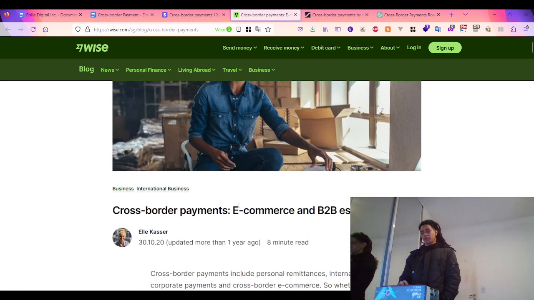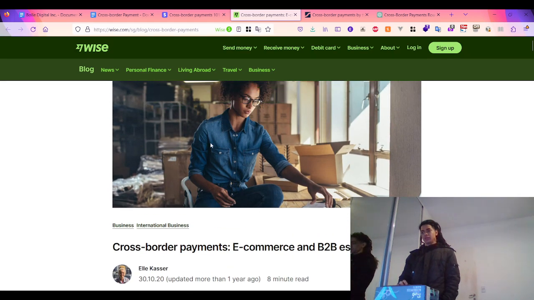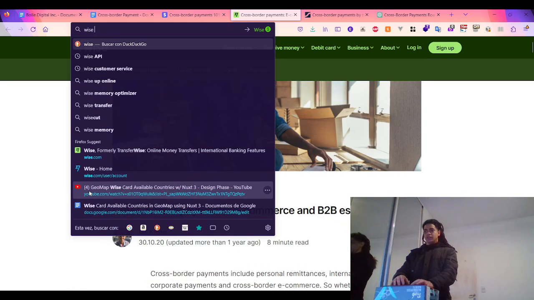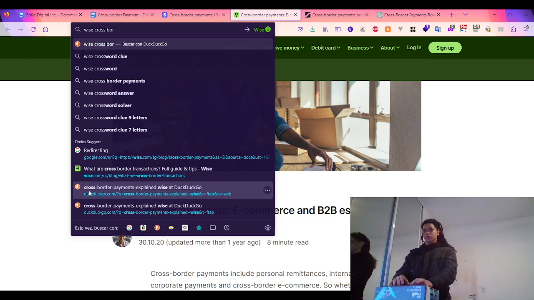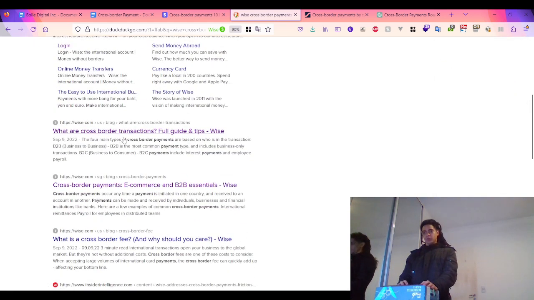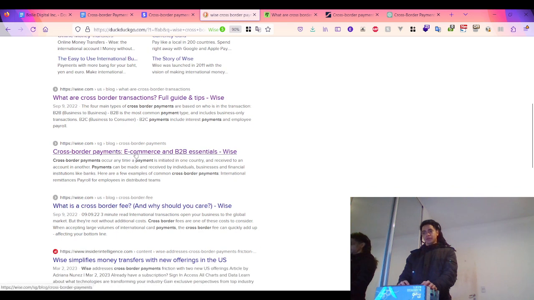So cross-border payments, e-commerce, and business-to-business essentials. So because I look at the WISE cross-border payment. What are cross-border payments for this? Full guide and tips: cross-border payments, e-commerce and business to business.